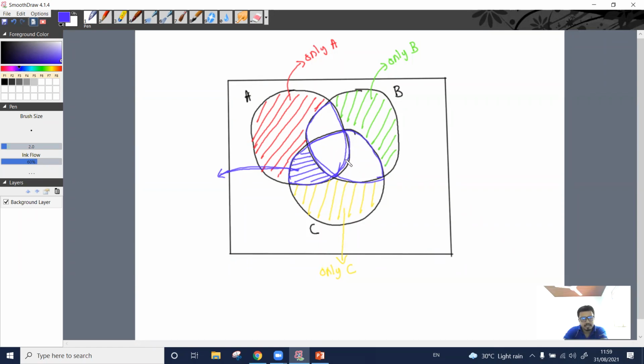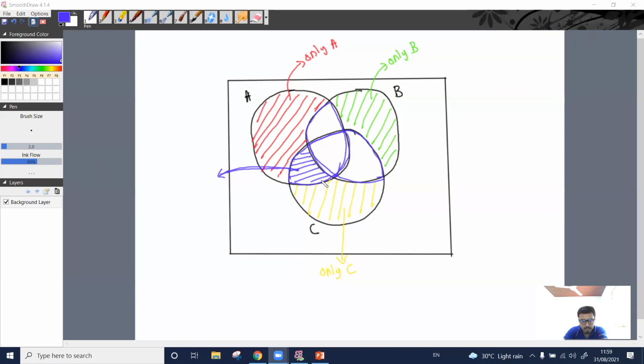A and C minus what? No, this is A and C dash. A and C dash means everything else except this. That means everything except this piece.